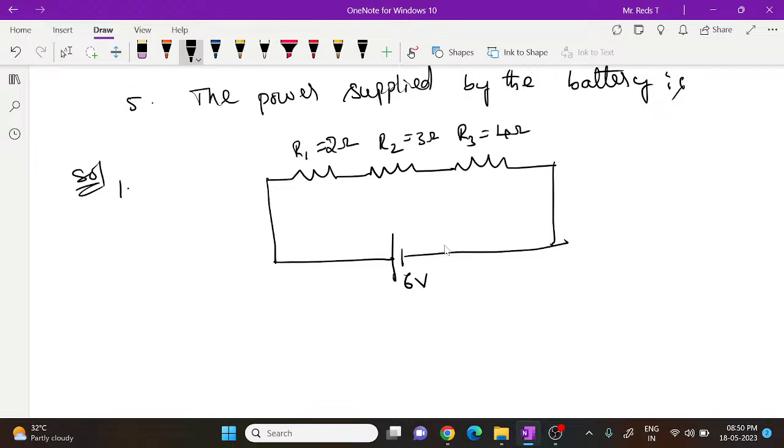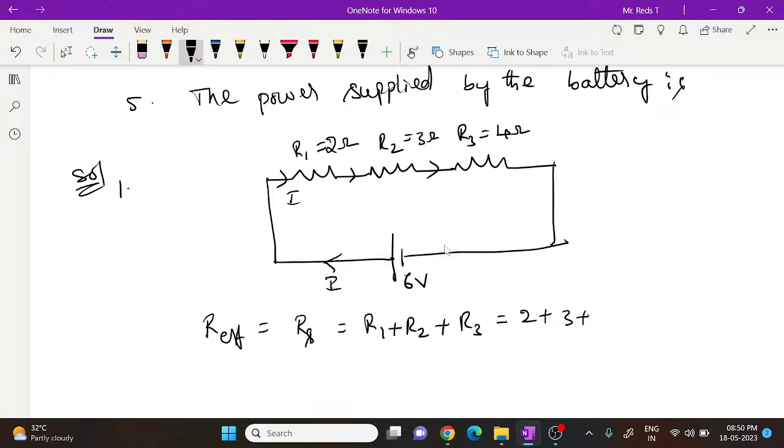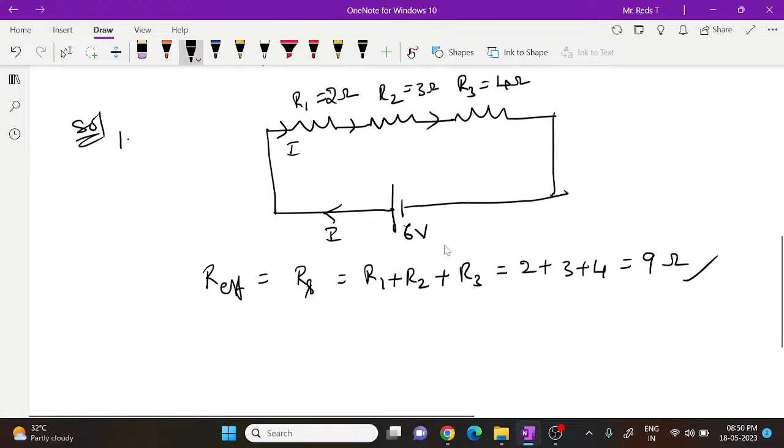Then the first part is, what is the total resistance? Obviously, as the resistors are in series, the current I drawn from the battery flows through all the resistors. The same current is flowing, so the resistors are said to be in series. So R effective, or total resistance of the circuit, is R1 plus R2 plus R3, equal to 2 plus 3 plus 4, that is 9 ohm, the answer for the first part.